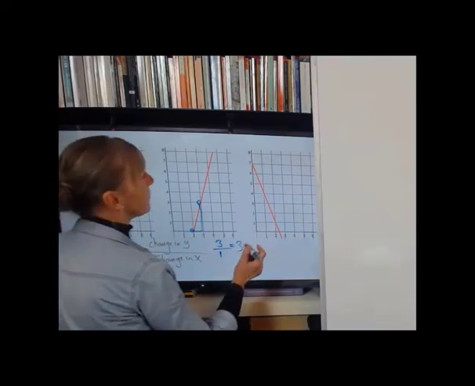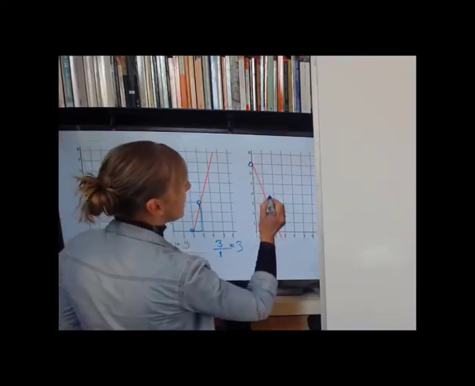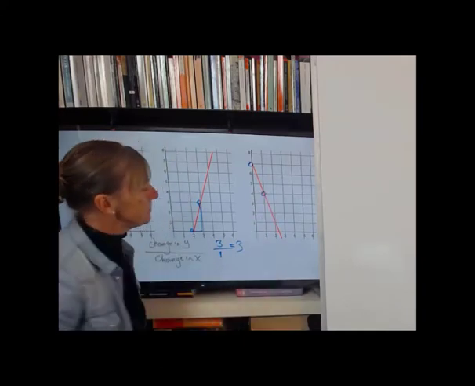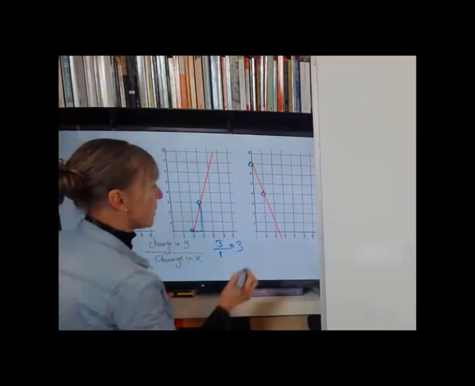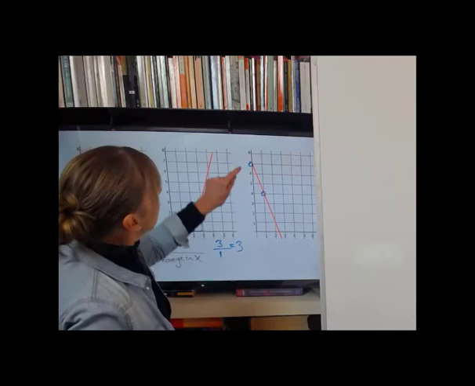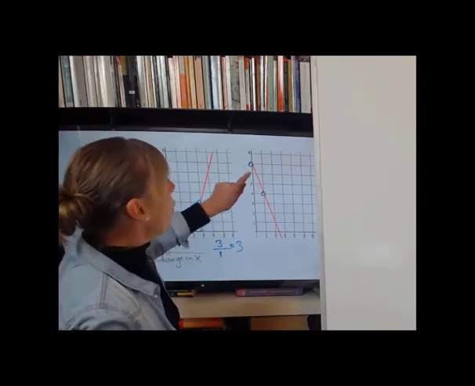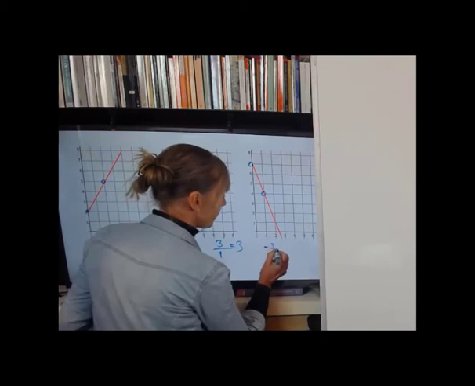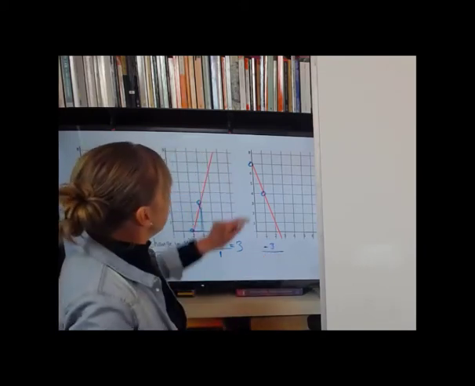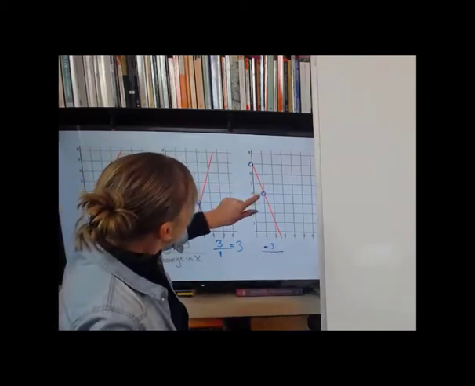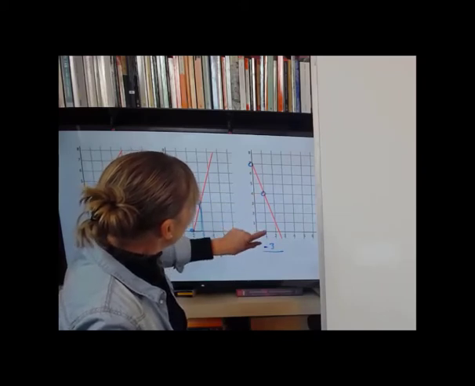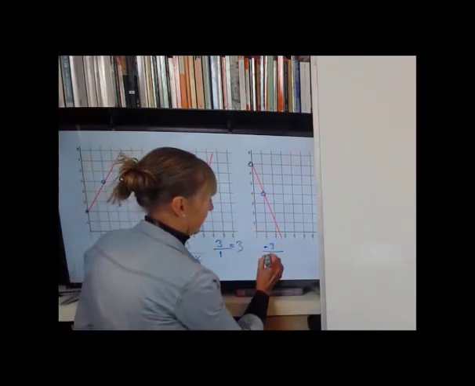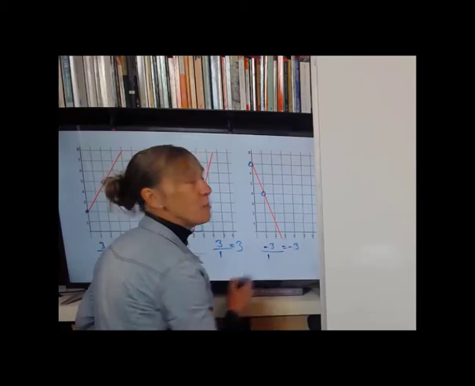What about this one? Let's say we go from there to there. The y value has gone from 7 to 4 in that interval. So that's a drop of -3. And in that interval, the x value has gone from 0 to 1. So it's a gradient of -3.